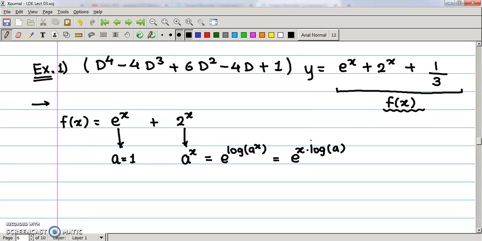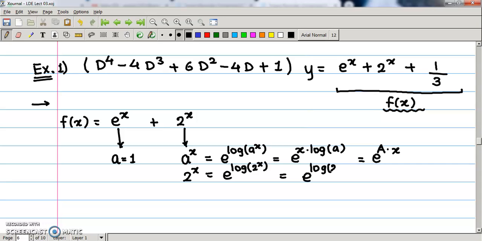Since a is constant, log a is also constant, so we can write capital A for log a, giving e^(Ax). Means a^x can be written in terms of an exponential function. Similarly, 2^x can be written as e^(log 2)^x, so it is equal to e^(x log 2). This implies the value for a is equal to log 2.